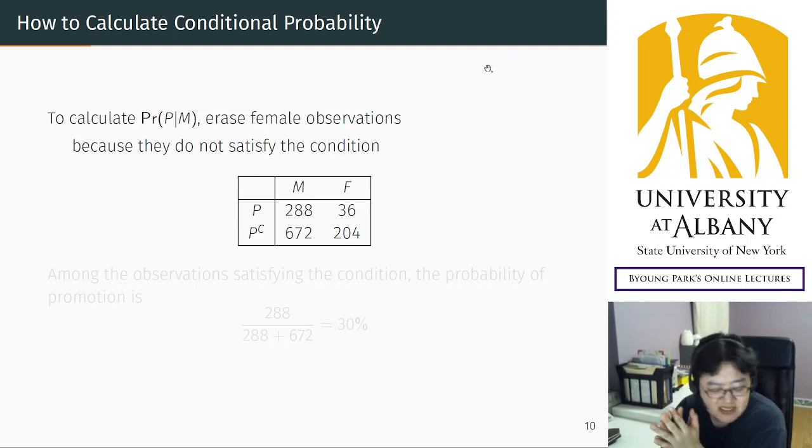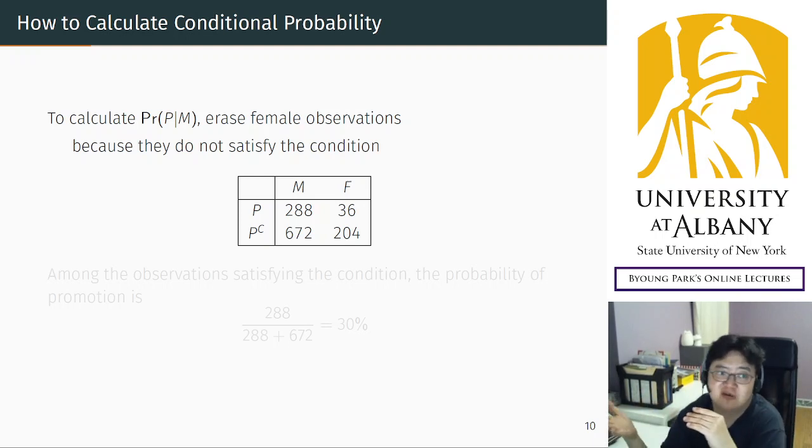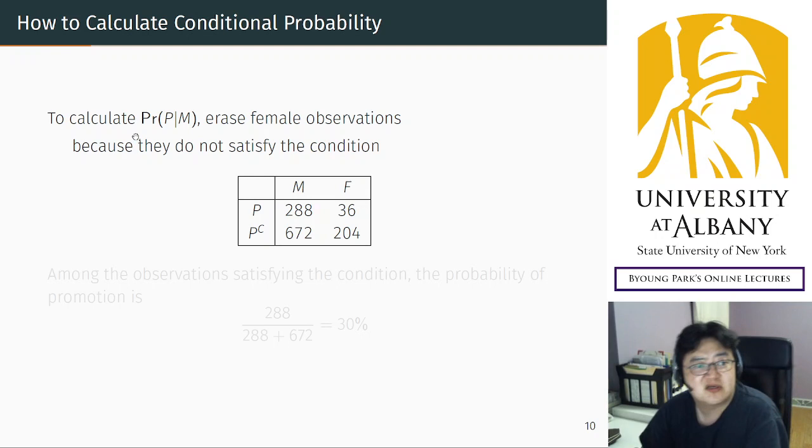The idea is, as I said, we are changing the denominator. You have to adjust the denominator according to the condition. So you simply erase. Think about this probability: we are calculating the probability of promotion among male officers, given male.